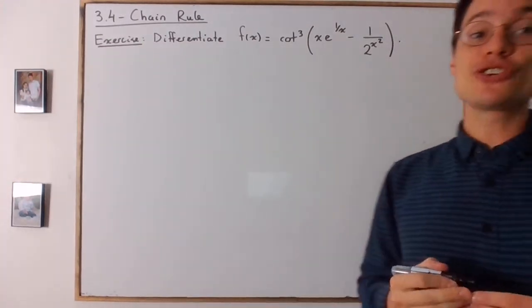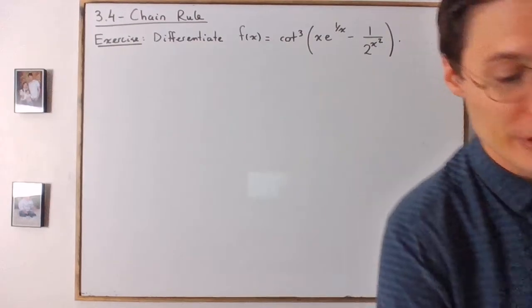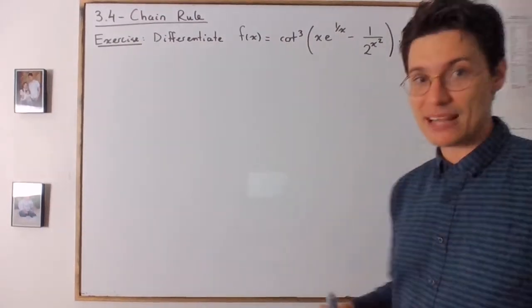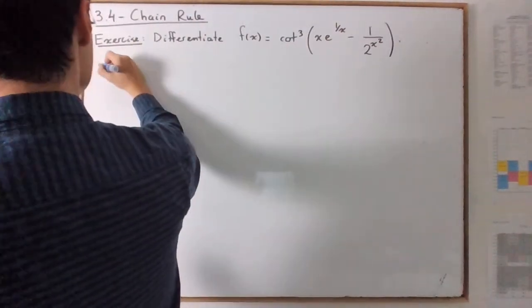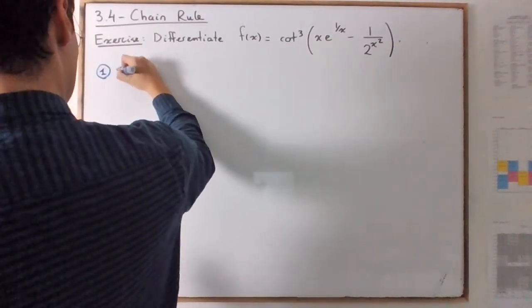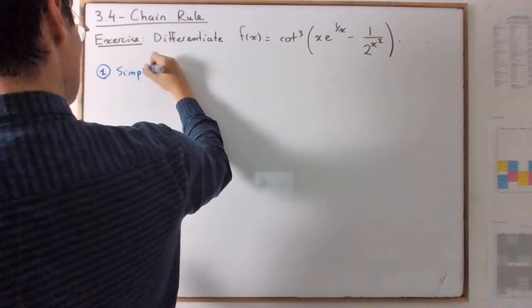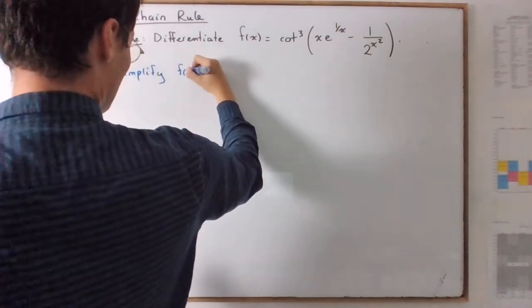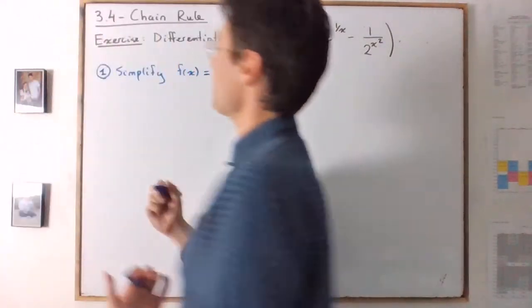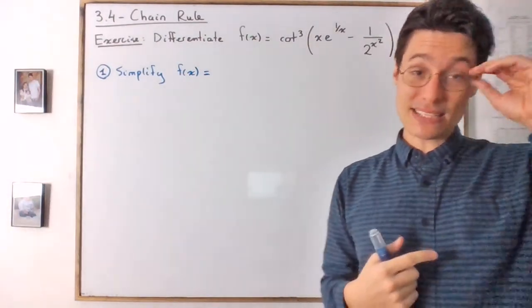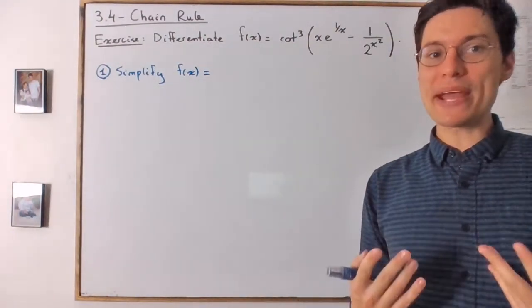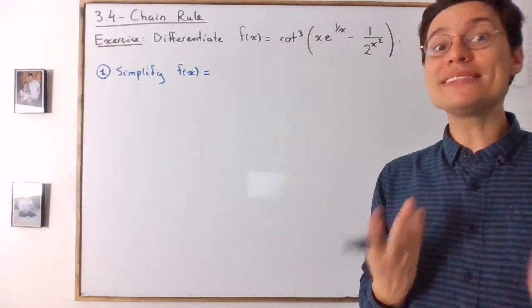The first thing you should always do before you start differentiating, especially a beast like this, is to prepare the field. So you want to simplify the function. What I mean by this is actually write it in a way that the derivative will be easier to perform.